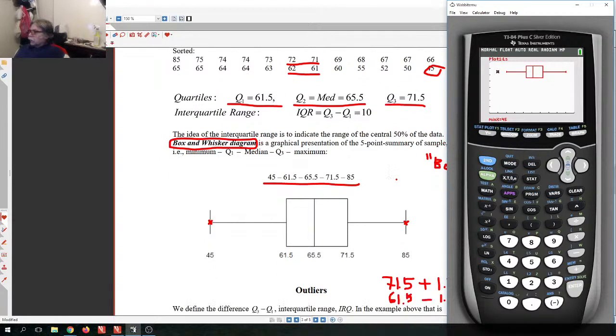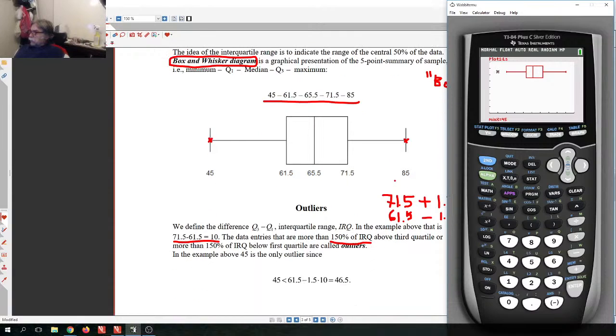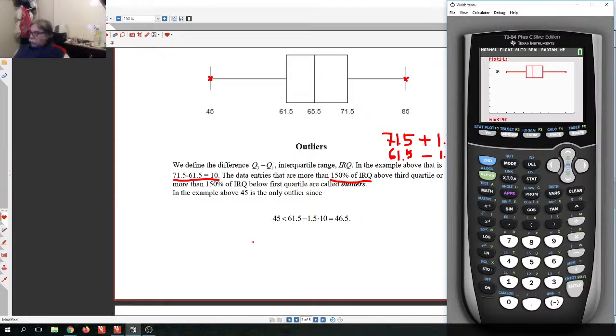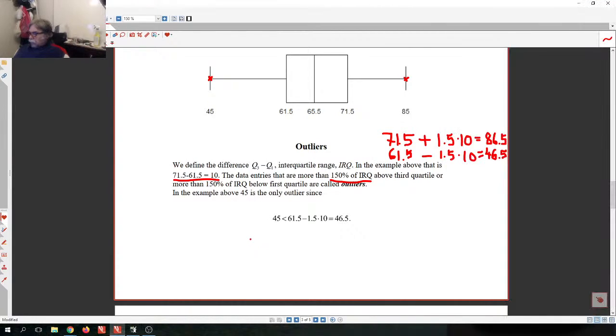We're not going to really emphasize box plotting with outliers. It's usually not done, but you could. The idea for an outlier is anything that passes the boundary that is quartile 3 plus 150%, 1.5, of the interquartile range.